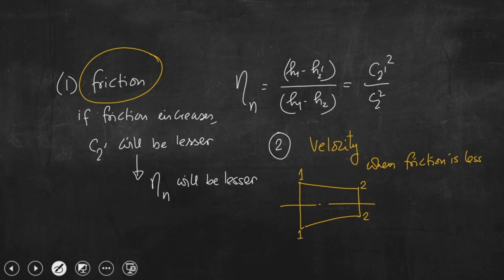I would like to write one important thing, that C1 is fixed, because the steam is coming out from the steam generator boiler, C1 is fixed. So, this is the inlet condition. Okay. Exit pressure is also fixed.